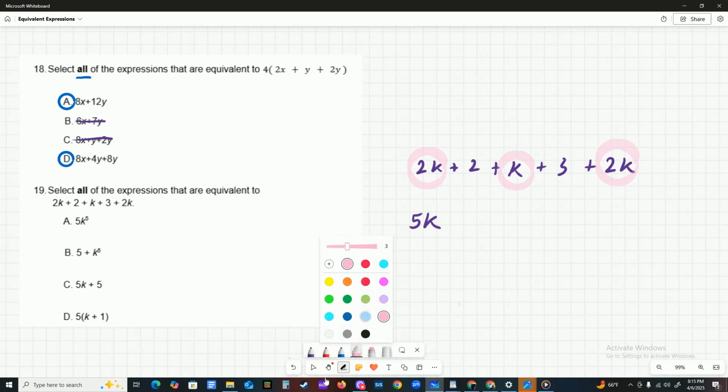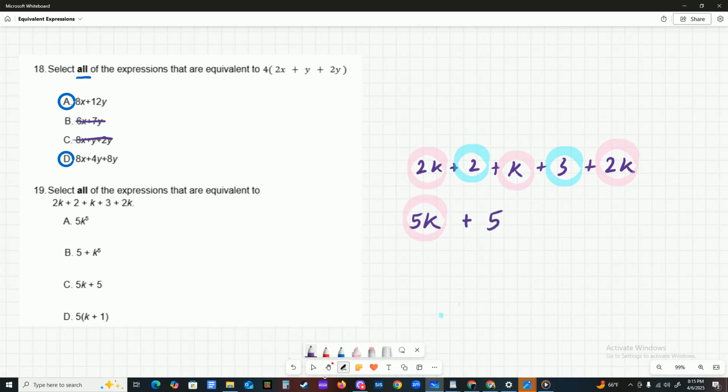Excellent. What about how many other terms do we have? We have a 2 and a 3. Well, doesn't that just make 5? So we have 5k plus 5.